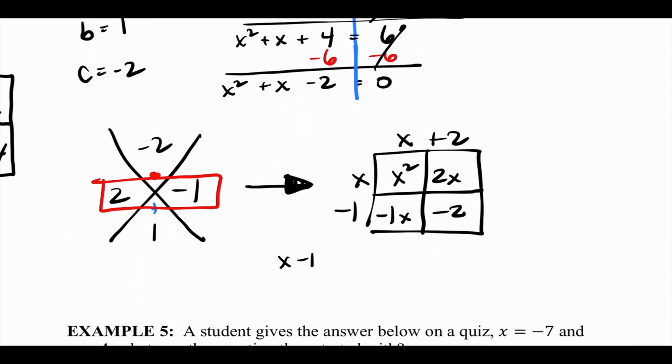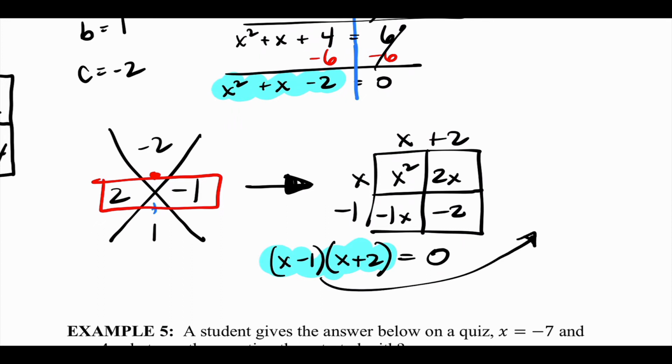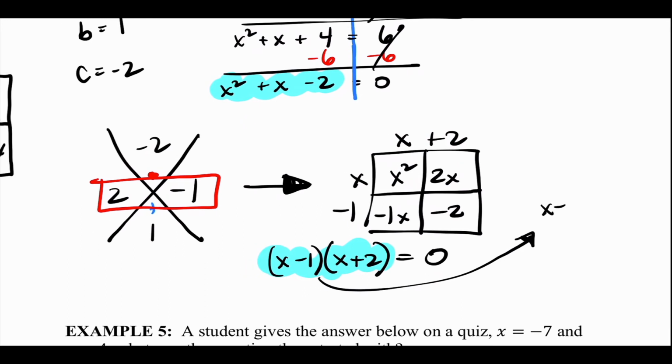So I get x minus 1 and x plus 2 equals 0, because it's the same thing as this guy here. I have to set it equal to 0. Set them equal to 0 and solve. So x minus 1 equals 0, and x plus 2 equals 0. Add 1 to both sides.